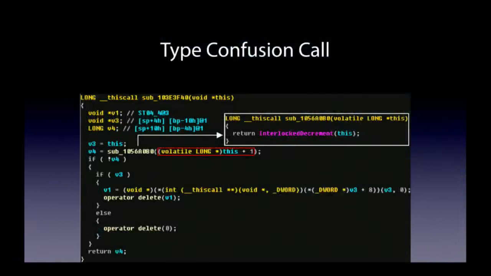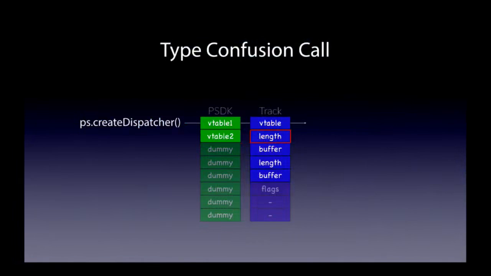So this type confusion call is very much like a destructor. And the second double word of the current class memory happens to be the length field of the first string object inside Track. So by simply initializing Track with a single character string, we can control this field to be 1, and after decrementation, the memory of Track will be released.